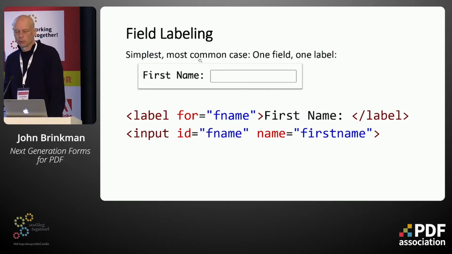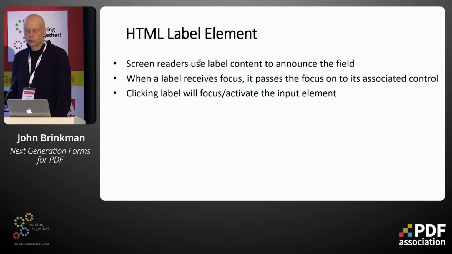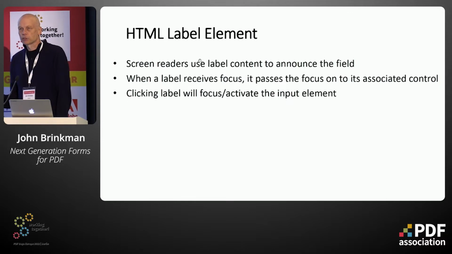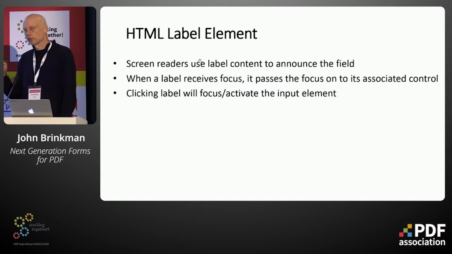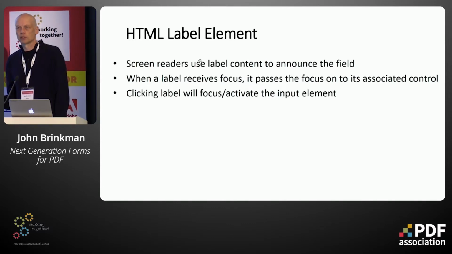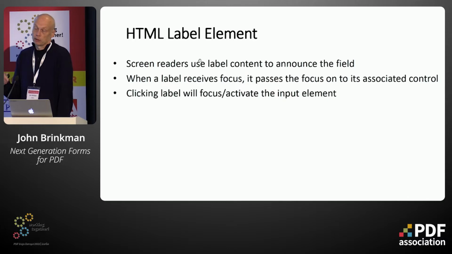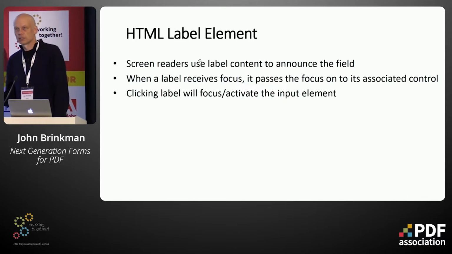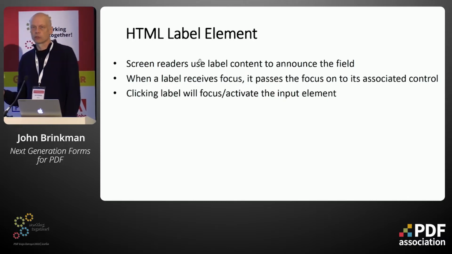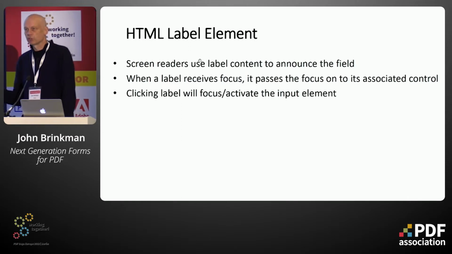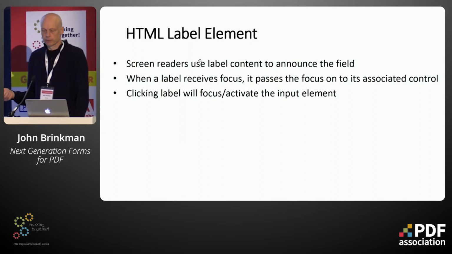It references a field, and when a screen reader encounters the label, it uses the label content to announce the field. When the label gets focus, it transfers that focus onto the widget. And when you click on a label, it sends that click event onto the widget. So if you click on the label of a checkbox, it toggles the checkbox.